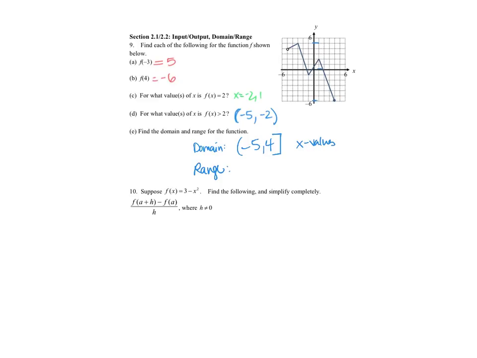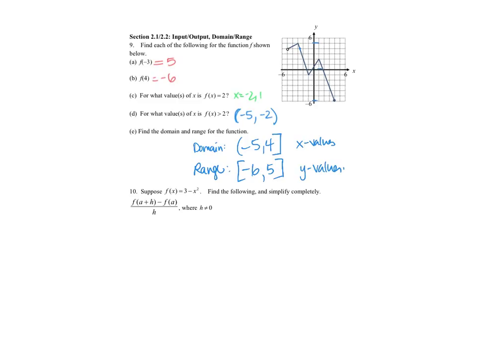And even though there's a dot there at that -5, it is achieved here at this value. So that -5 actually is going to be included because it is a possible output. So the set of all possible outputs is -6 with a bracket to 5 with a bracket there. And these are the possible y values that the function achieves.